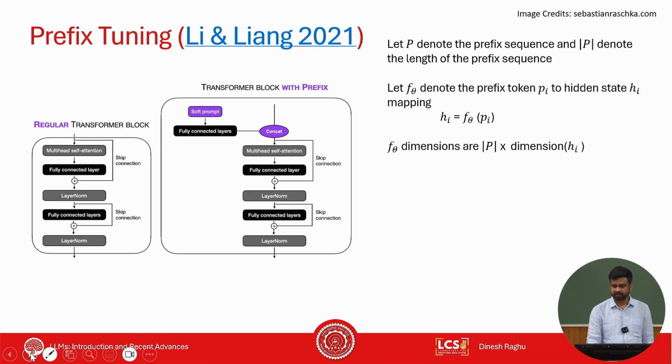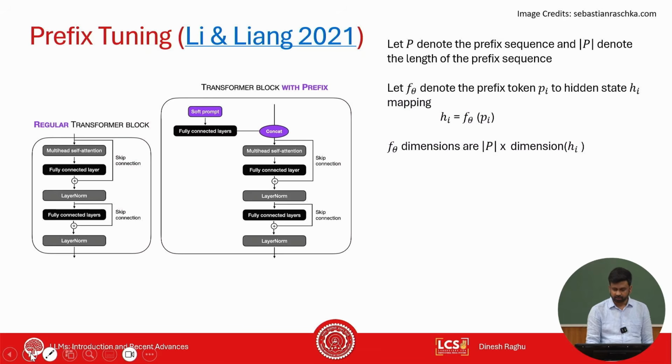Now f theta's dimensions have to be such that it's sort of like an embedding lookup. For each prefix token you have, you need an embedding associated with it. And since you're feeding it into the hidden layer, the embedding should be of the size of the hidden layers that you have.